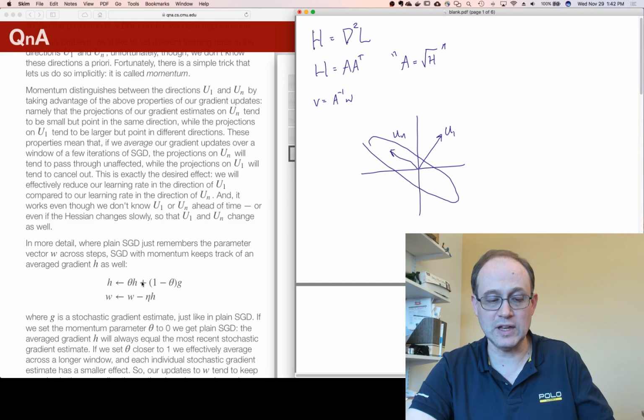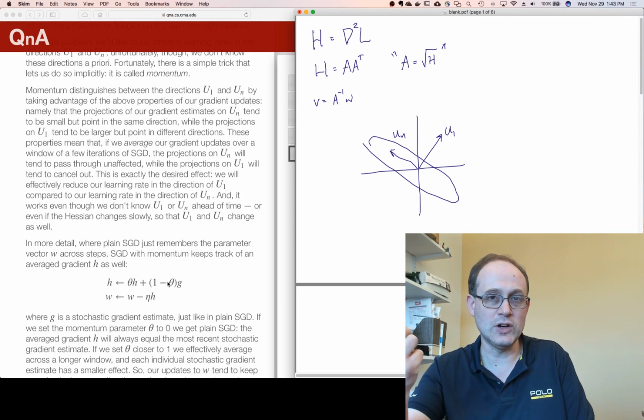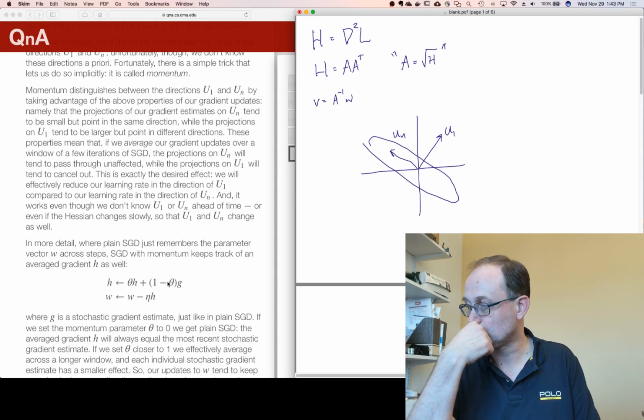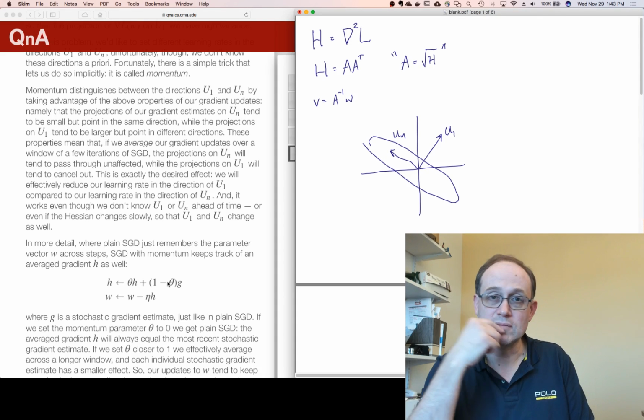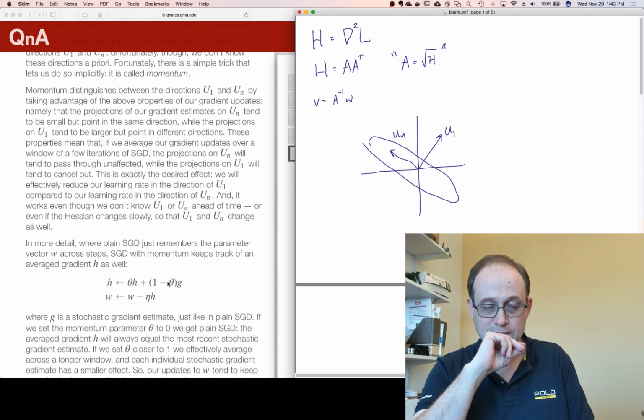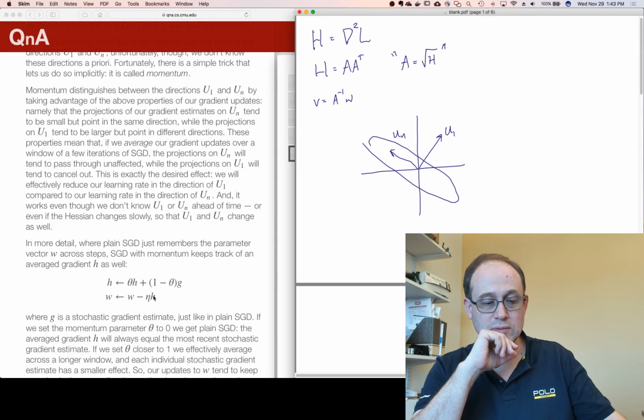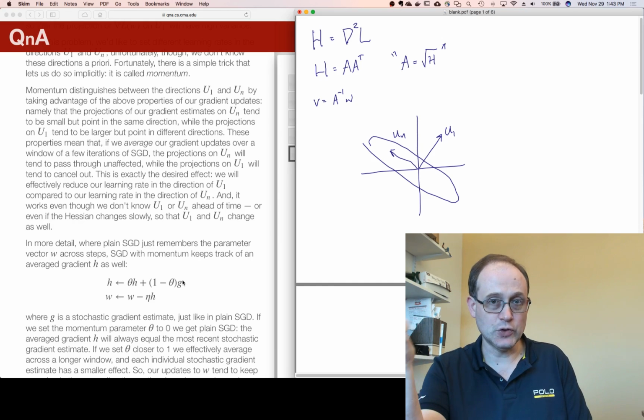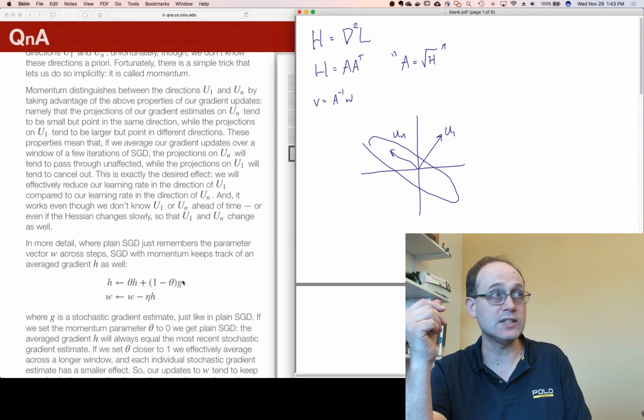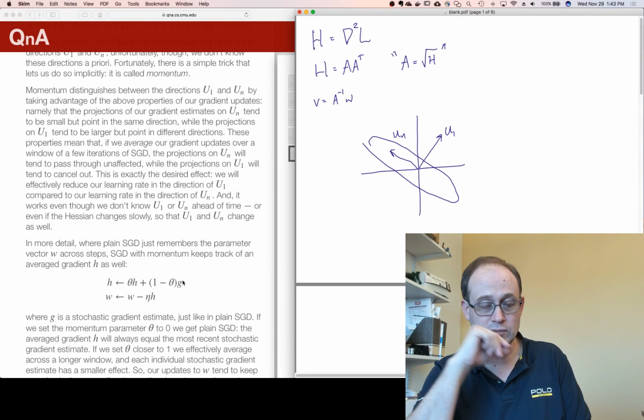Theta you can think of as being a number close to 1, so if you take 99% of h and 1% of g, that's going to keep track of gradients over the last 100 or so iterations and average them together. Then we do the gradient descent update with h instead of with g. And g can be either the true gradient or a stochastic gradient estimate, just like in ordinary SGD.